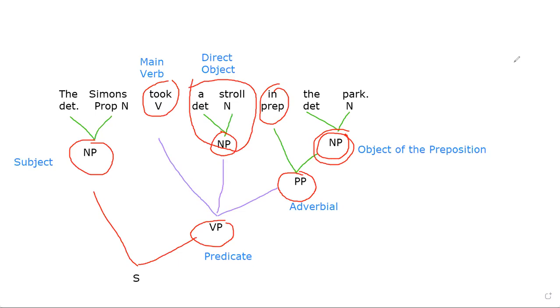Okay, so this is an example of a sentence with an adverbial. And we can see adverbials modify verbs. So the adverbial needs to go inside the verb phrase because it's a piece of the predicate. And we can see that visually represented here. Let's check out an example with an adjectival.